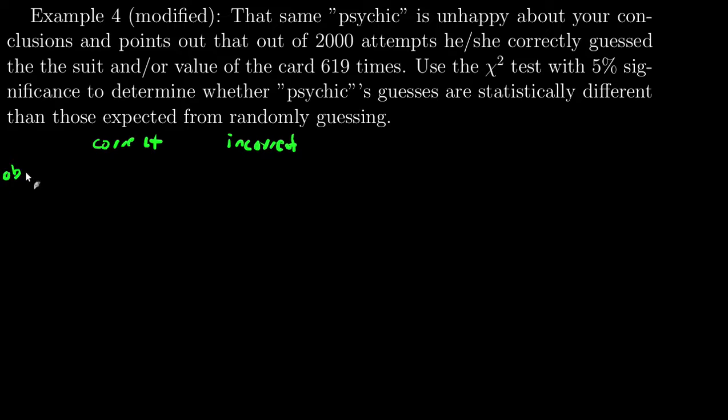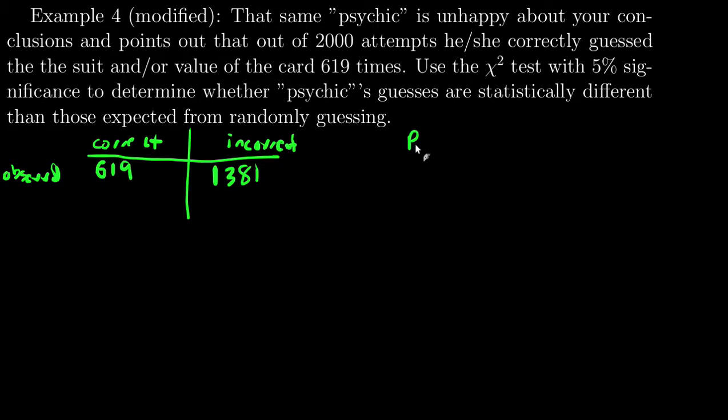And the observed values, in this case, were 619 correct. And 2,000 minus this, which is going to be 1,381. But now the question should be, how likely is it to actually guess the suit correct?